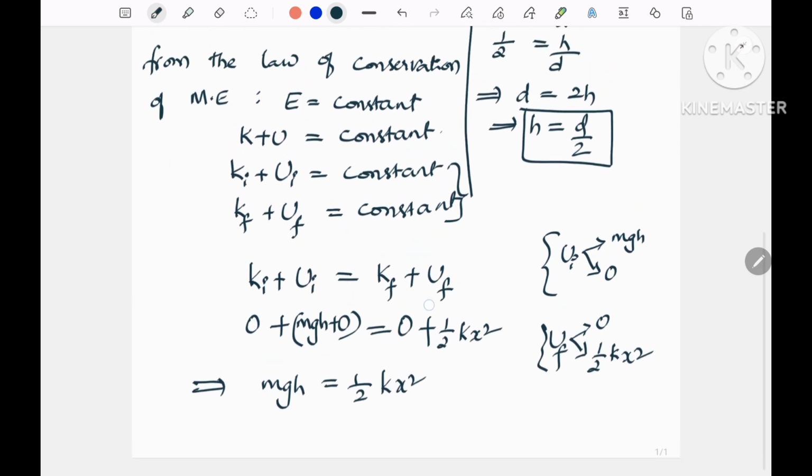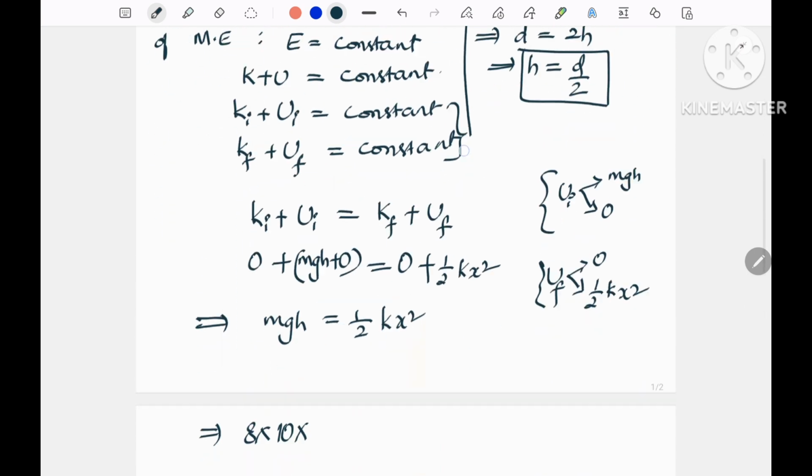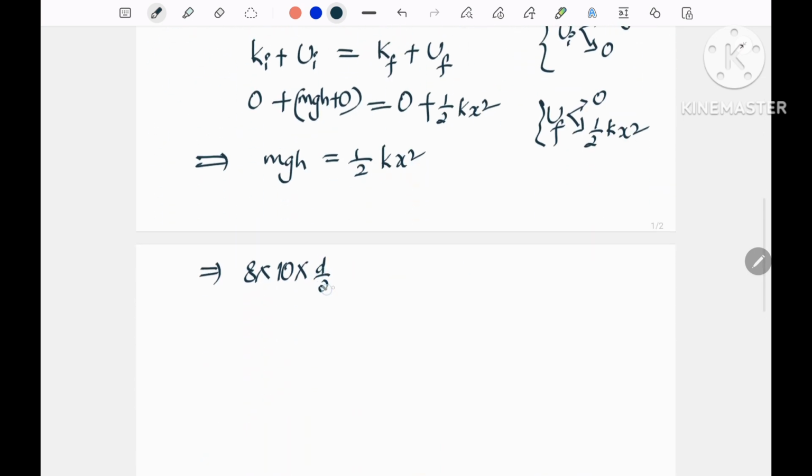Substitute the given values: 8 kg, acceleration due to gravity is 10, and height, from the earlier equation h is equal to d by 2, which is equal to 1 by 2 into k, which is given as 200, and the compression is 1 meter.